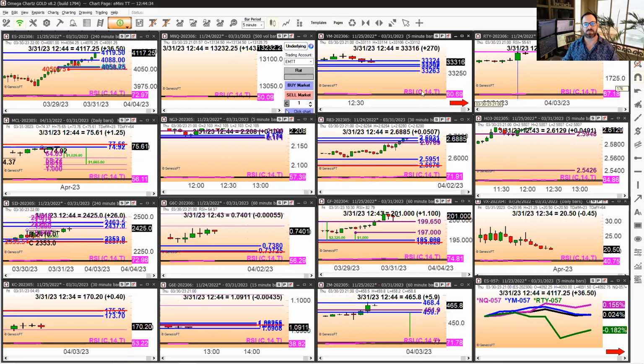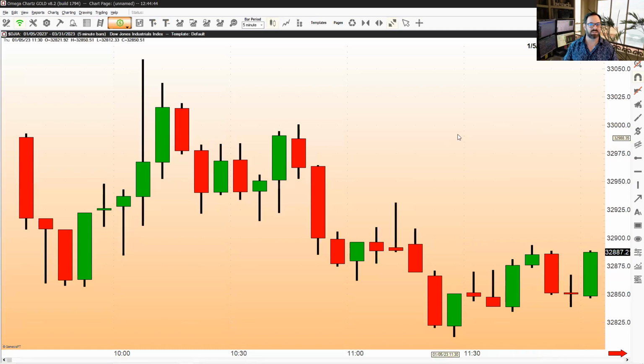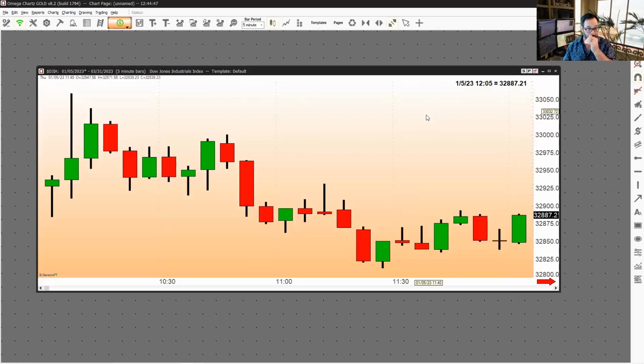Hopefully this will work. Sometimes it freezes up and I hate that, but if I have to, I could go to a different program anyway. I wanted to be able to show you multiple securities together. And my normal gap page is not working, so that's why I have to do it this way.